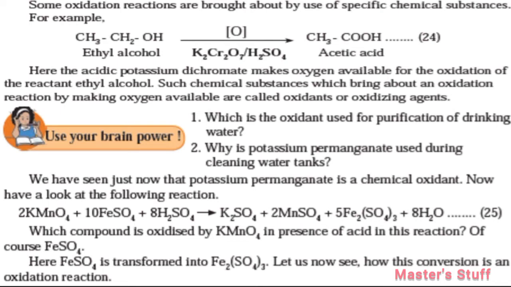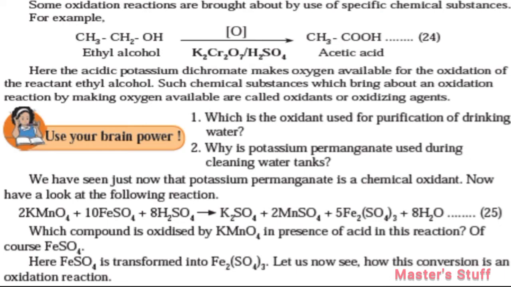Such chemical substances which bring about an oxidation reaction by making oxygen available are called oxidants or oxidizing agents. That is, oxidizing agents are the substances which help in the oxidation of the reactant. We have just now seen that potassium dichromate is a chemical oxidant.